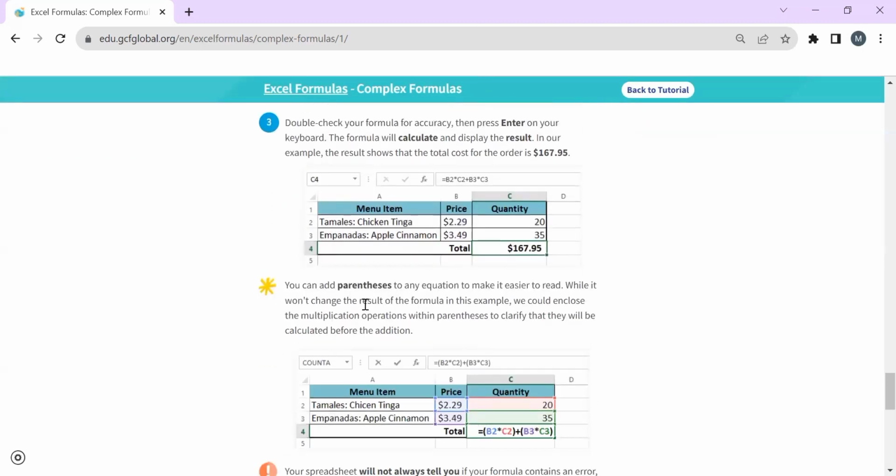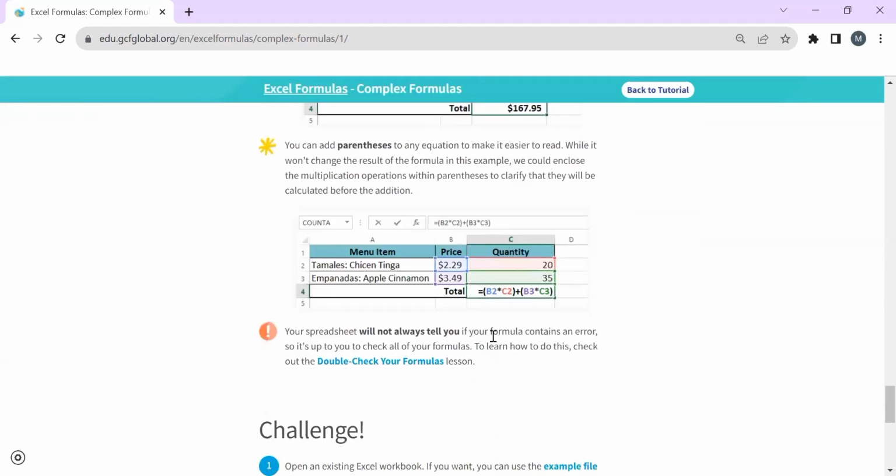You can add parentheses to any equation to make it easier to read. While it won't change the result of the formula in this example, we could enclose the multiplication operation within the parentheses to clarify that they will be calculated before the addition.